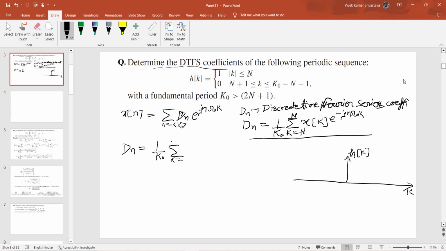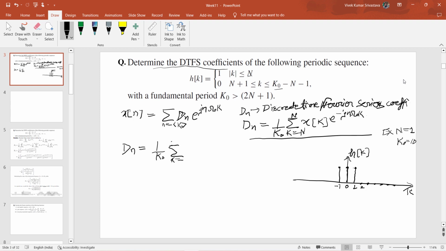Let us take an example where n equals 1. It means that h of k has a value of 1 for the discrete values of minus 1, 0 and 1, and it has a periodicity of k naught. Let us assume that k naught equals 10. For other values of k, its value will be 0.